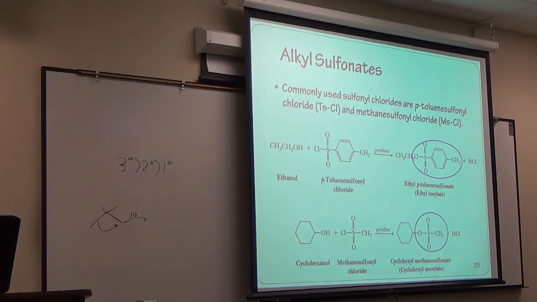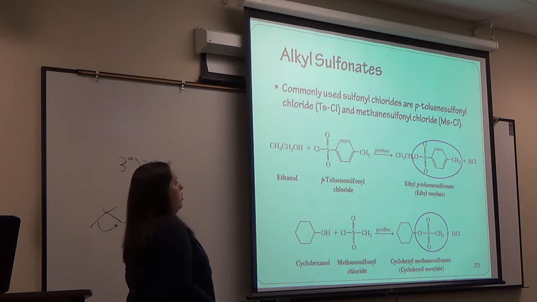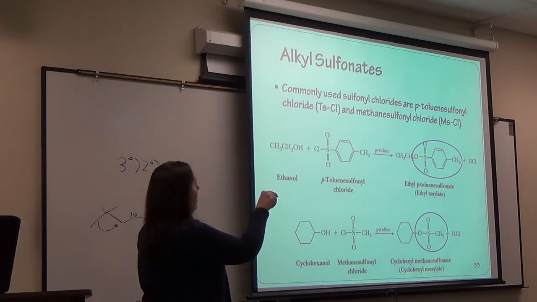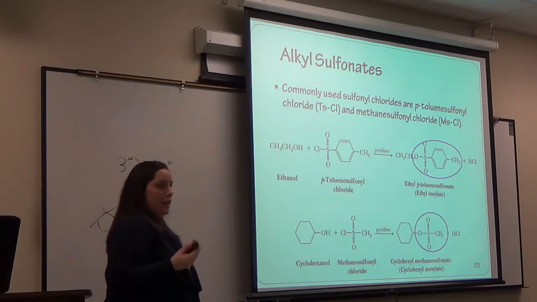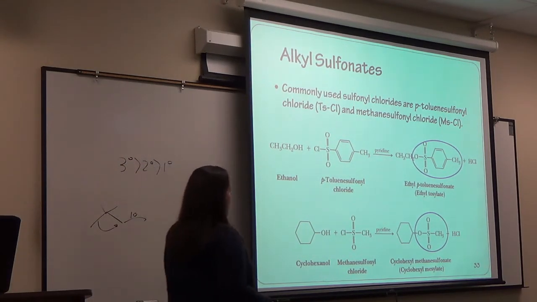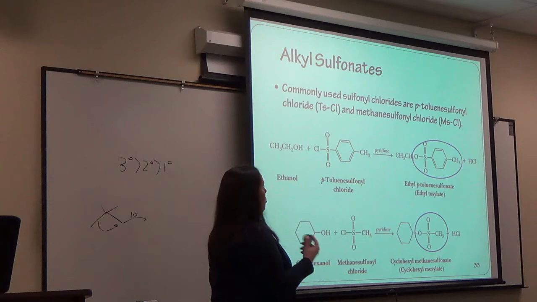And so just a few examples here where you're forming those sulfonates. You can use paratoluene sulfonyl chloride, TsCl for short, or you can use methanesulfonyl chloride. Thionyl chloride was the one to form the chloride version, but here there's only one Cl, right? So you don't have that attack from the chloride.